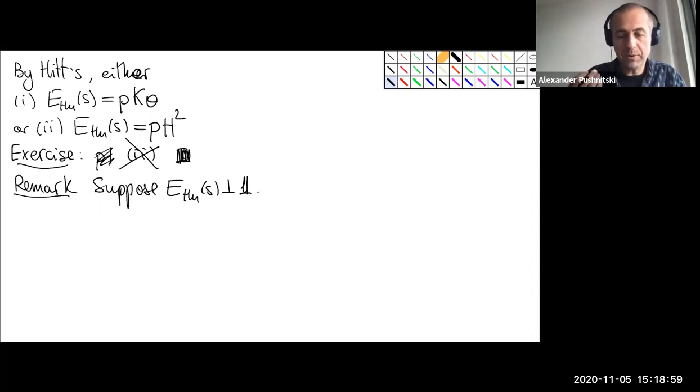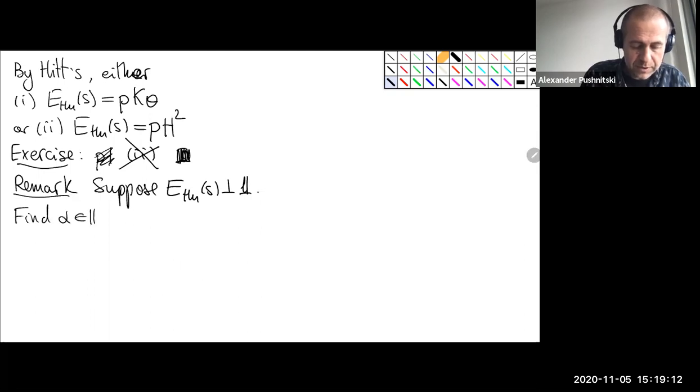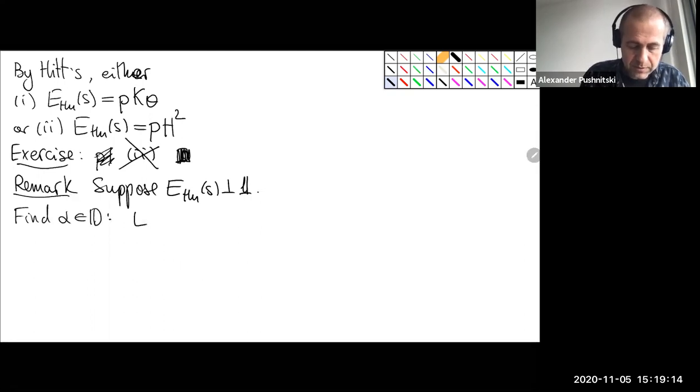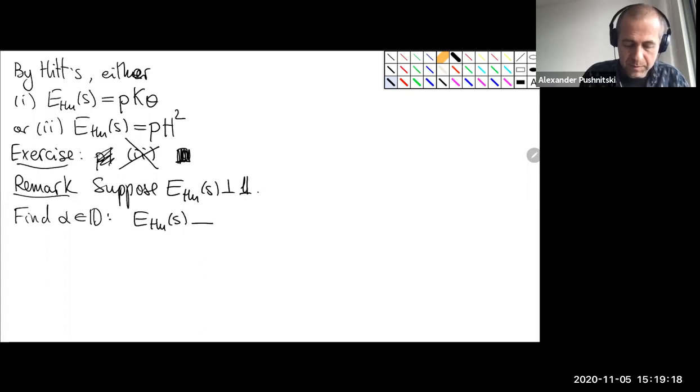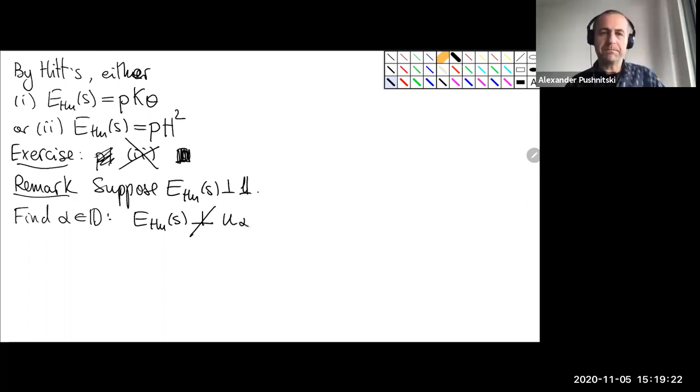So that you will be able to find another point such that not all functions in your subspace vanish here. So we have to find alpha in the unit disk such that this subspace is not orthogonal to the reproducing kernel at alpha.